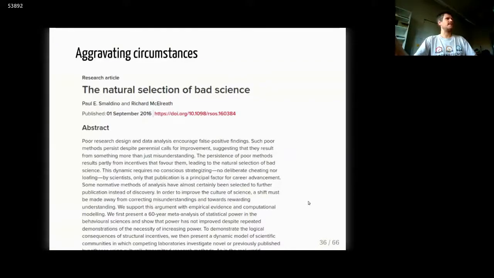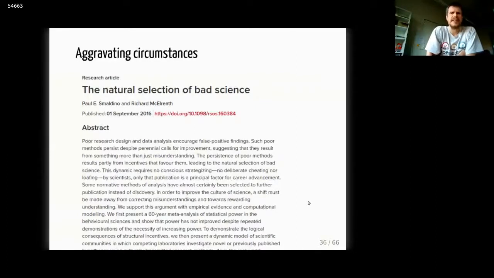This, I think, is a very revealing paper by Richard Horton, and I'll cite him at the very end again. The paper says the following: that poor research practice and design and poor data analysis lead to false positive findings. And such poor methods persist despite calls for improvement, right?